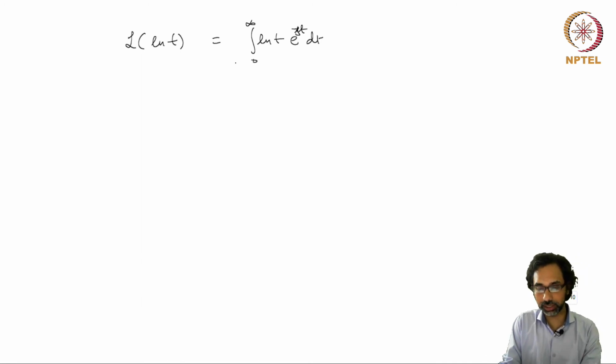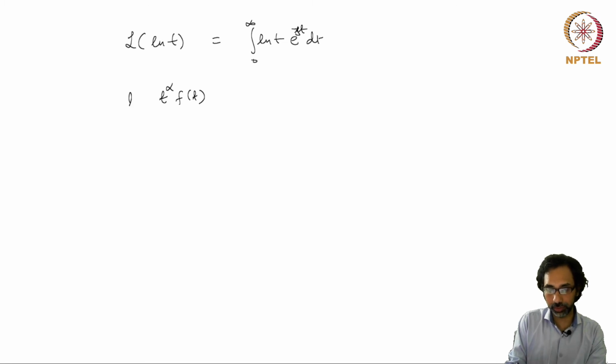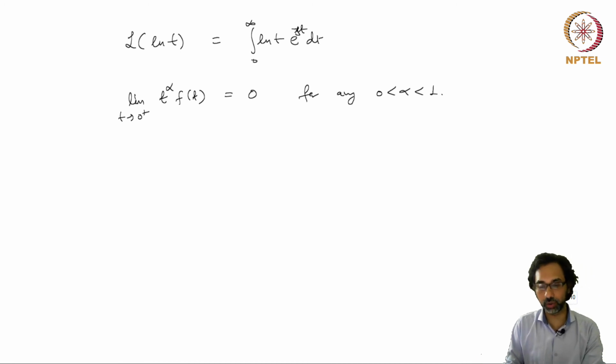Now note that this Laplace transform exists because of our sufficient condition for a function which is not piecewise continuous at t equal to 0 to exist, which was that t to the power alpha f(t), limit as t goes to 0 plus, should be 0 for some alpha between 0 and 1.